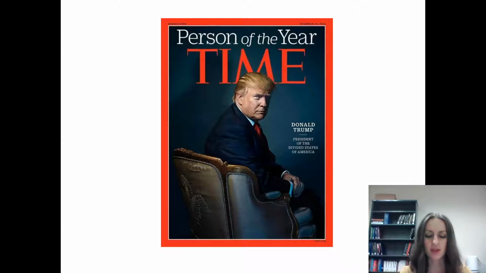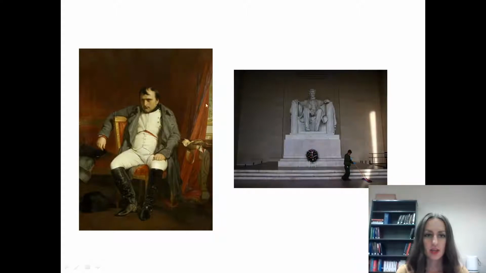Let's look at what's going on in this image. The first thing is to notice Trump is sitting in a chair. This sitting pose is reminiscent of some other famous heads of state images. See here we have an image of Napoleon sitting in a chair. Here we have the Lincoln Memorial where Lincoln is sitting in a chair. So this is a very common pose here. They are nodding to the fact that Trump is a head of state.